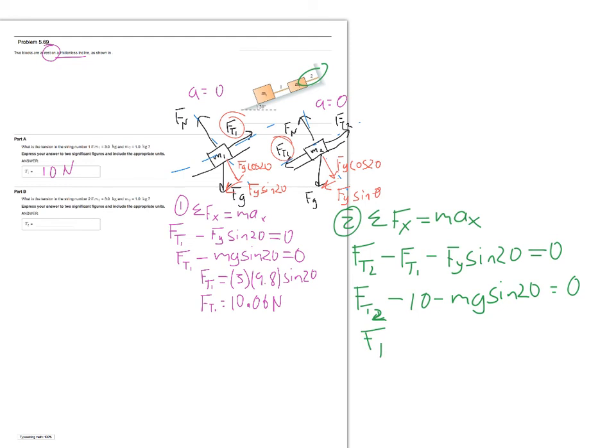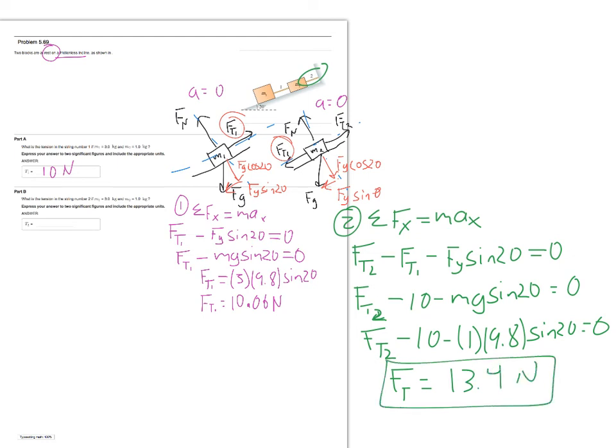So Ft2 minus 10 minus 1 times 9.8 times sine of 20 equals 0. So I end up finding that Ft2 is equal to 13.4 newtons. When I round to 2 sig figs for my answer, it's just 13 newtons.